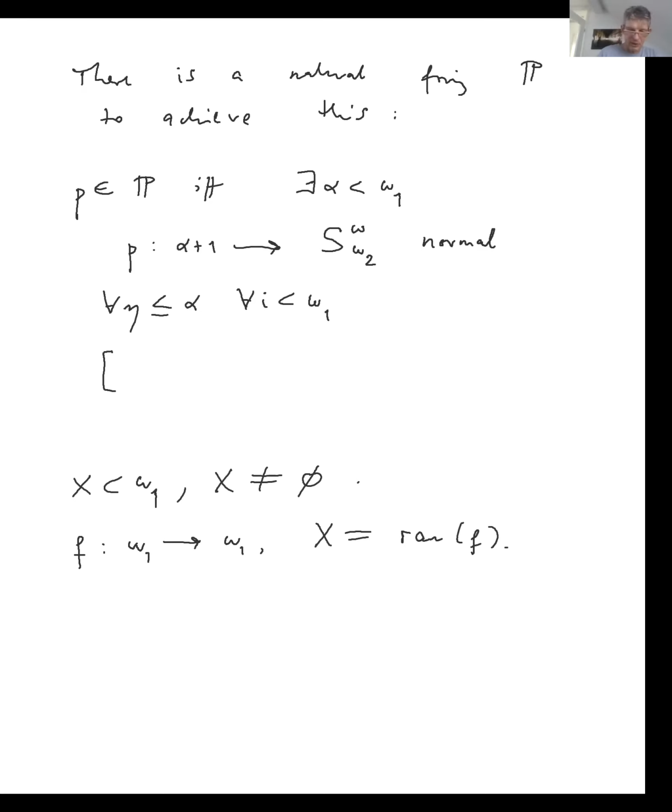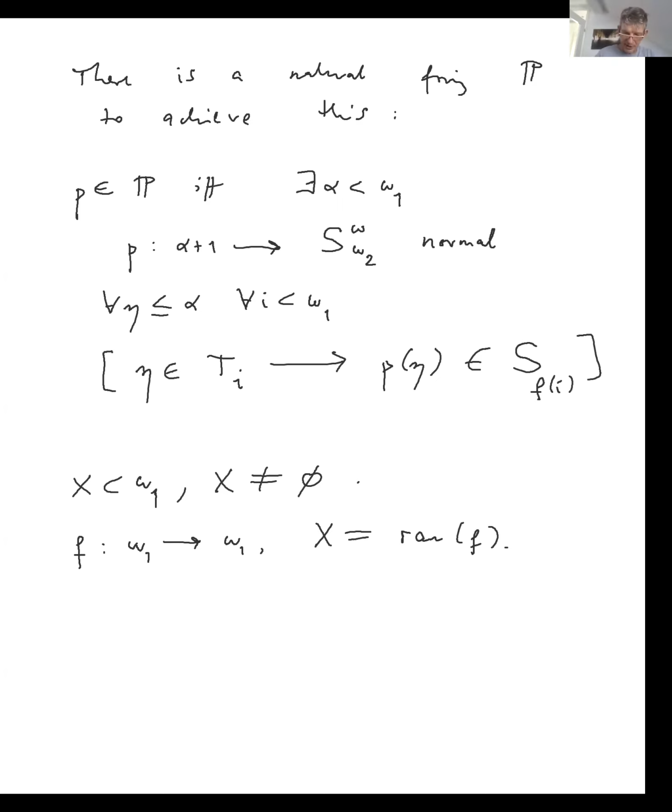Okay, so what I want to say here is that eta is in T_i implies that p of eta is in S_{F(i)}, right? So the S_i's, they are the split of S^omega_omega-2 into these pairwise disjoint stationary sets, and the T_i's split omega-1 into disjoint stationary sets.